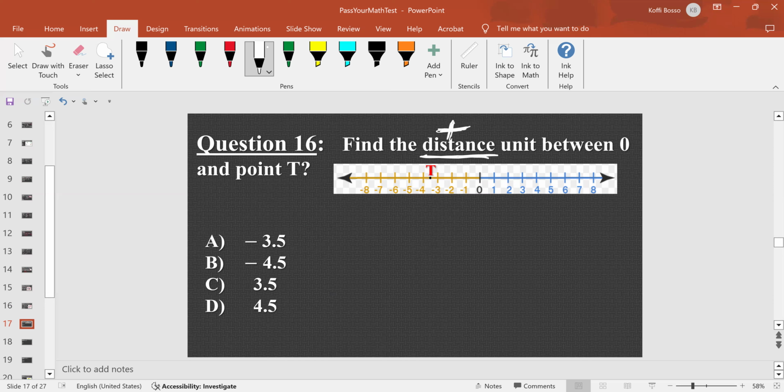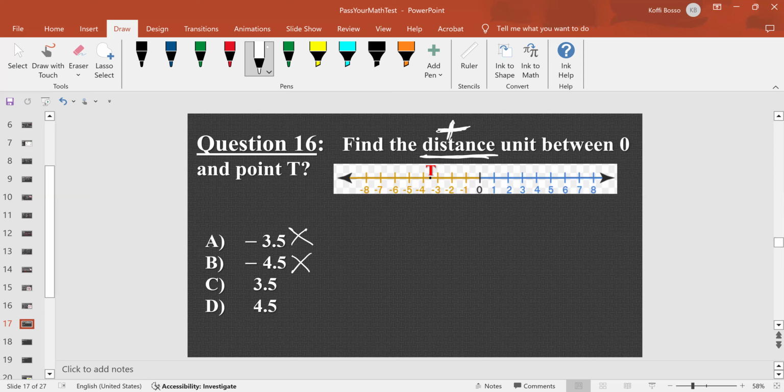Therefore, A and B are out. If you don't know that distance will be positive, maybe you will choose A as the correct choice, because you see that point T is between -3 and -4. But no. We are now between C and D. Because the point is between 3 and 4, it cannot be 4.5.